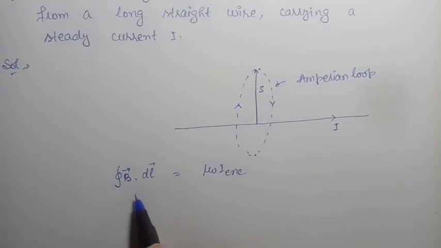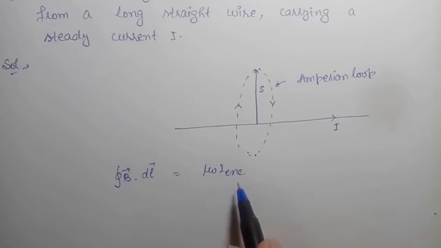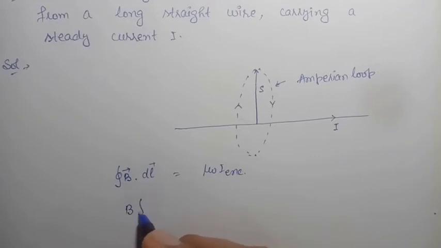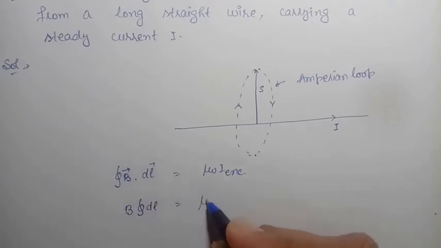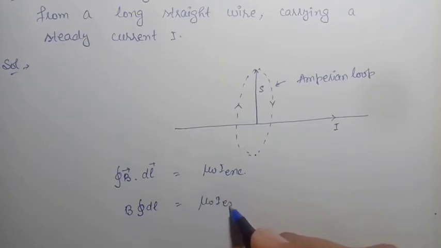That is, the line integral of the magnetic field is equal to mu naught times the total current enclosed.